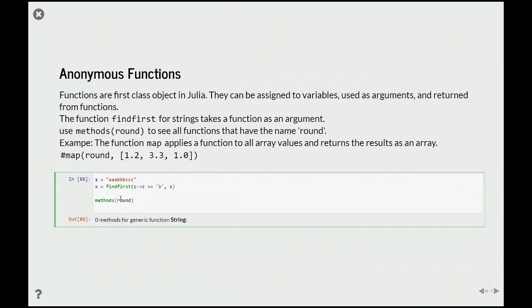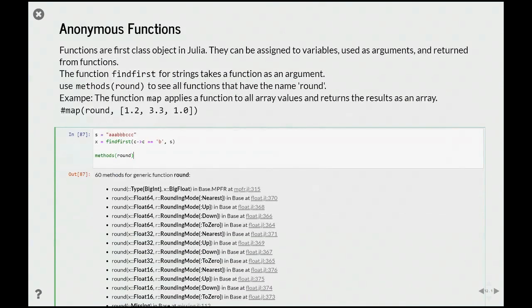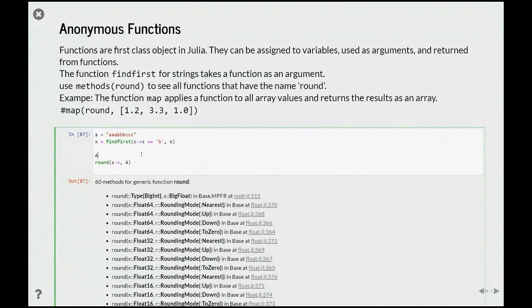There are a lot of these functions available in Julia. If you pass in round, you pass in an array, 2.0, 2.3, 1.02, and so on and so forth, and you pass round and the array into map.